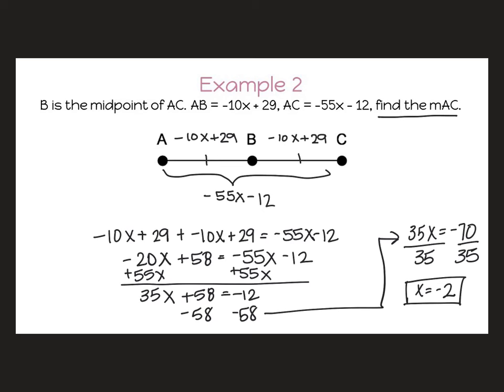Now, x can be negative, but your segment cannot be. So when I plug this back into AC, I should not get a negative segment. So this is AC right here. I'm going to plug in negative 2. I would get 110 minus 12, which is 98. So again, x can be negative, the segment can't be.